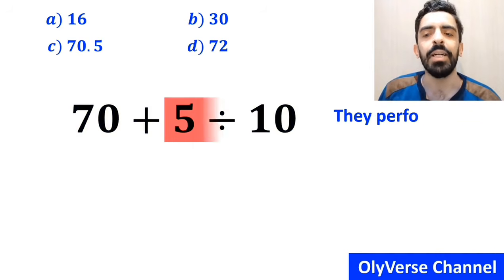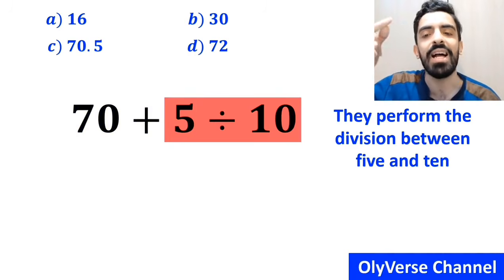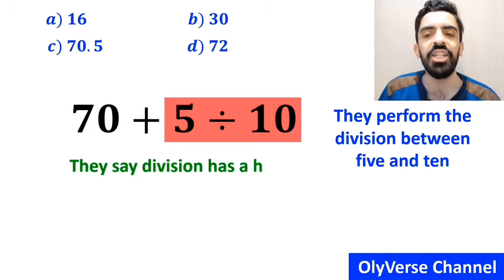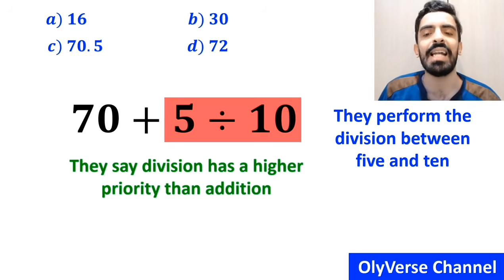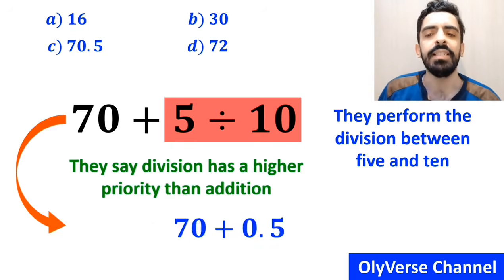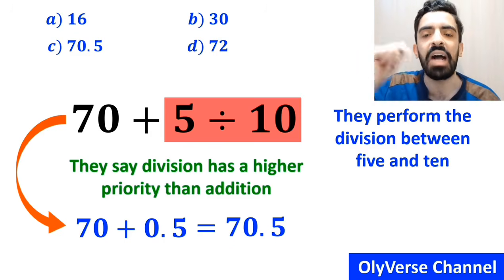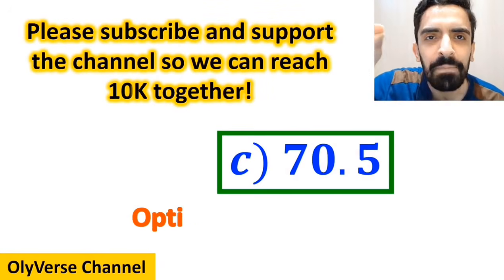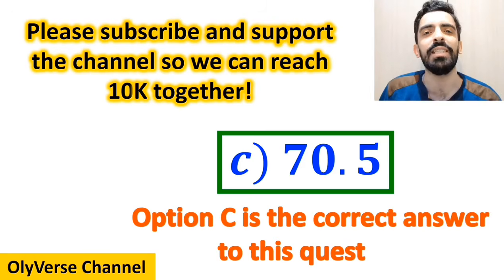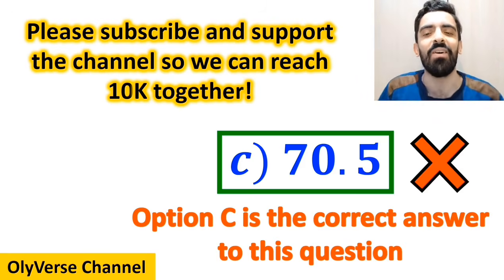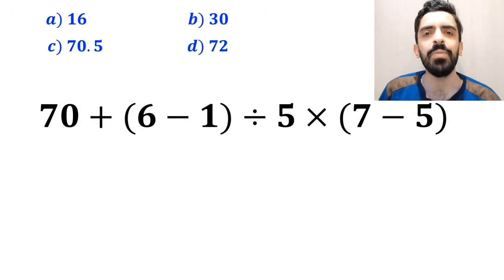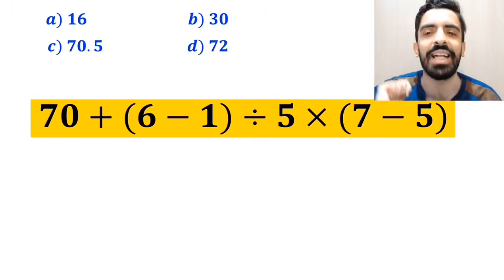And in the final step, they perform the division between 5 and 10 because they say division has a higher priority than addition. So, they rewrite this expression as 70 plus 0.5, which ultimately gives them the answer 70.5. And immediately, they conclude that option C is the correct answer to this question. However, that's definitely wrong. Alright, now let me show you how to solve this expression correctly.